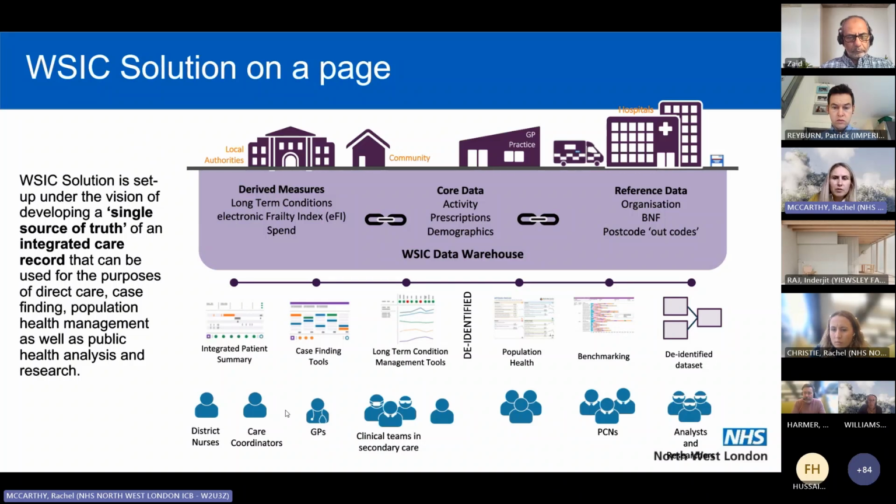The patient identifiable dashboards are available to people who have a legitimate relationship with patients. That means you have the right to see patient information, and you can only see the information of those patients you have that legitimate relationship with. If you work in a practice, you get to see the information for those patients who are registered to that practice.